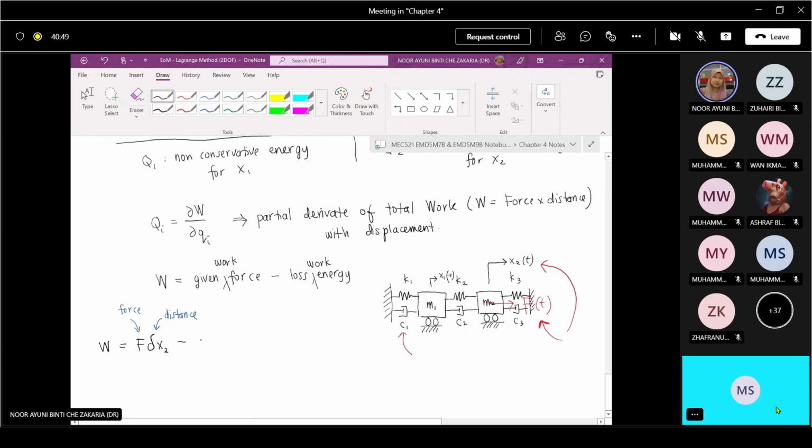So C will become C1 x1 dot, that is the force, times the distance to get the work done. So the distance here is related to the changes in x1. So this is the force, this is the distance.